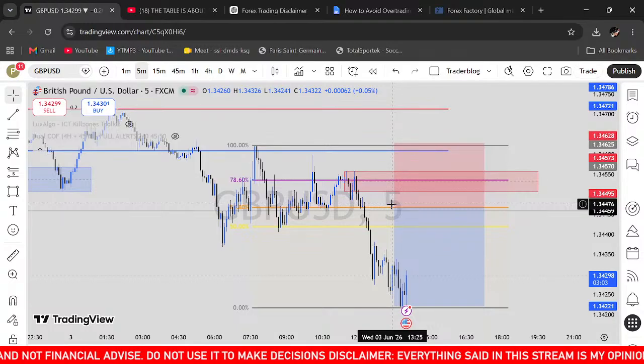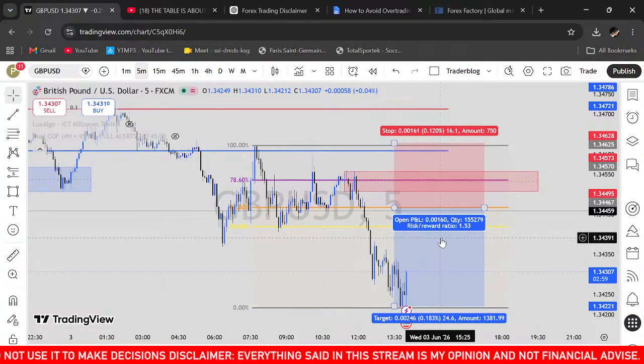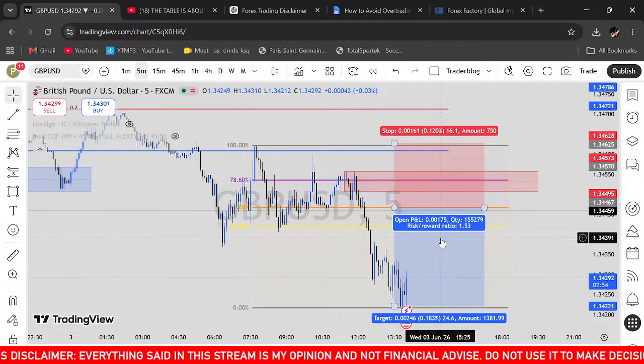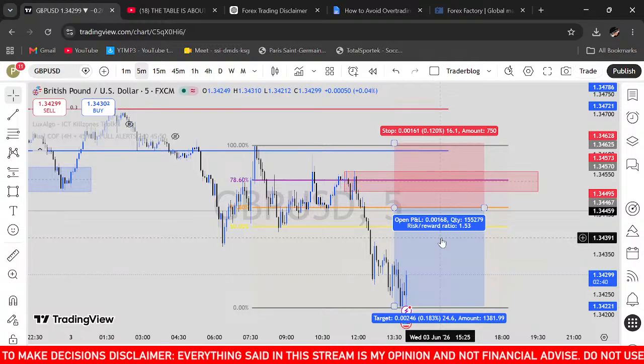You see, if you don't know where you are going to enter, or if you don't have a place where you are waiting for the market to get to, then when you execute a trade, most likely you execute everywhere. That is one of the biggest problems you would ever face in trading. Opening the trade everywhere, not having a place.